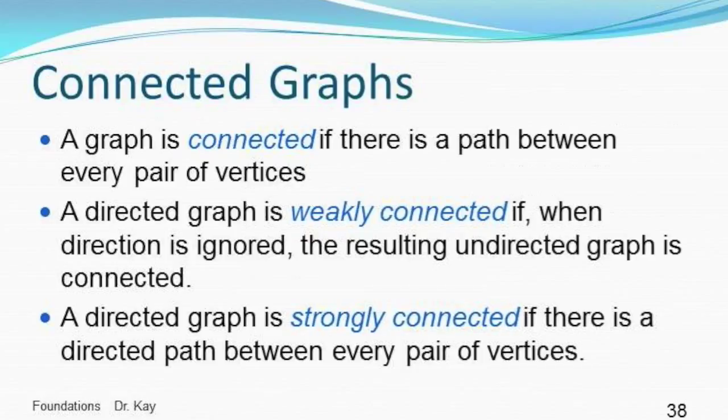If we have an honest to gosh directed path between every pair of vertices, even without messing with it, then we call that graph strongly connected.